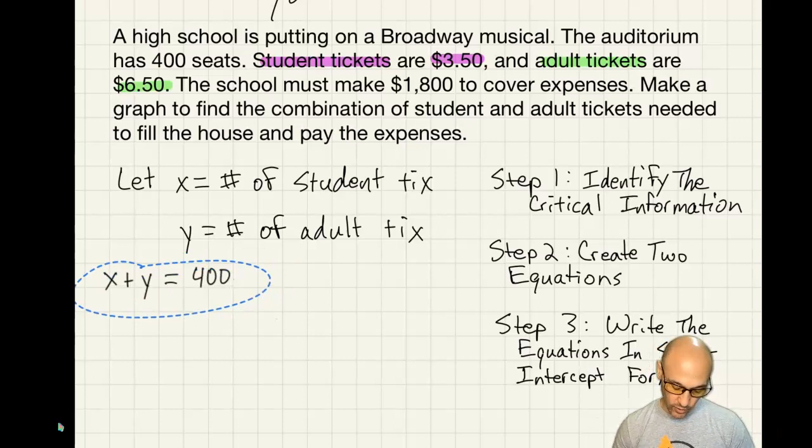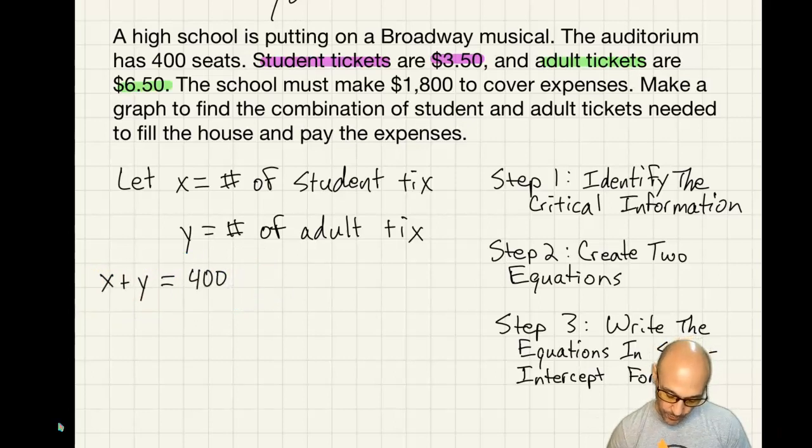So I'm going to scoot this over just a touch. $3.50 times X. This right here is the total amount of money that they will make on student tickets.